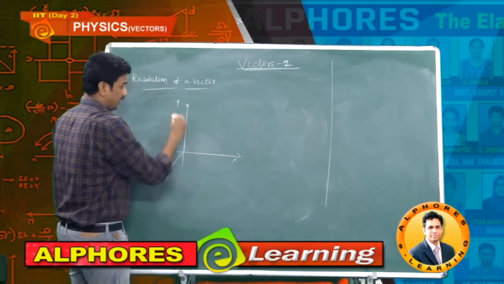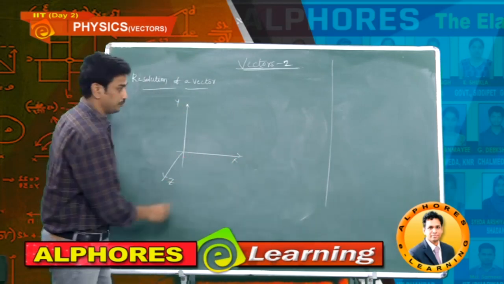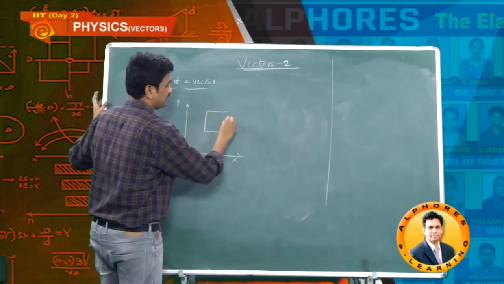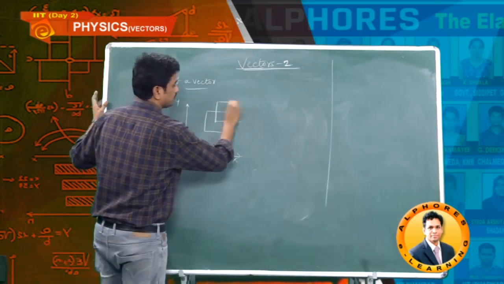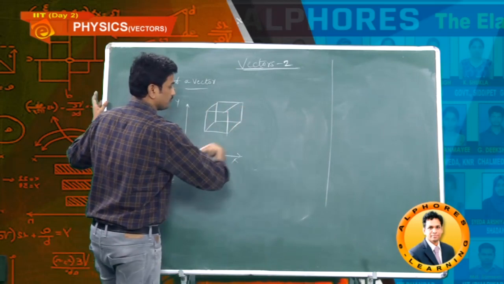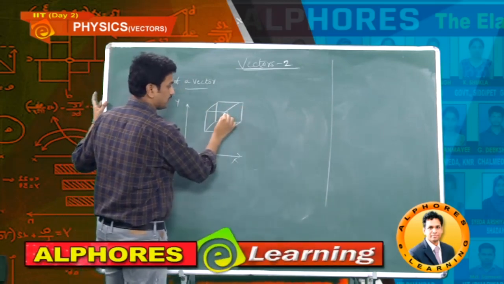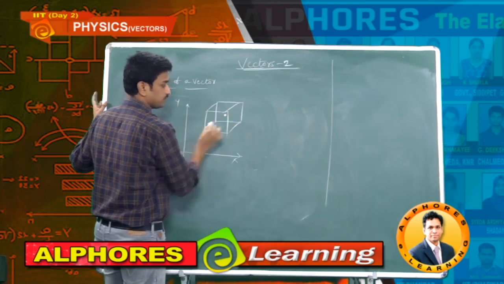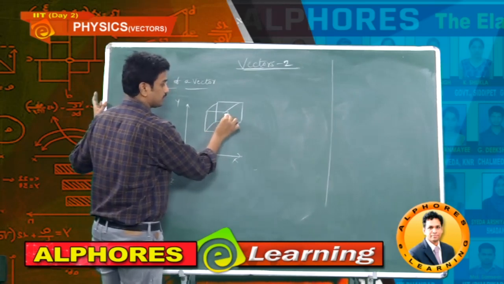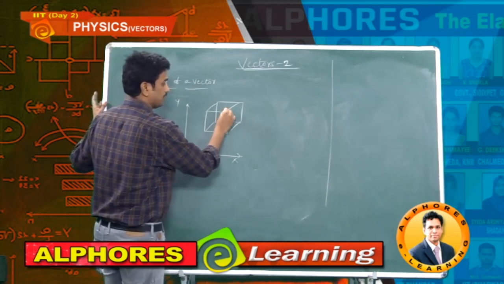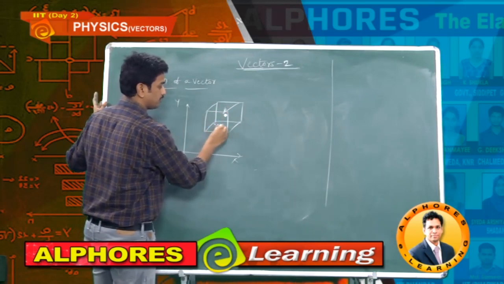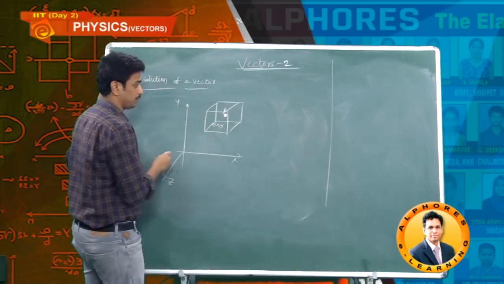X, Y, Z. Let me take a cube. Here somewhere a point is there. Here it is a point P, its origin. Cube is 3-dimensional.